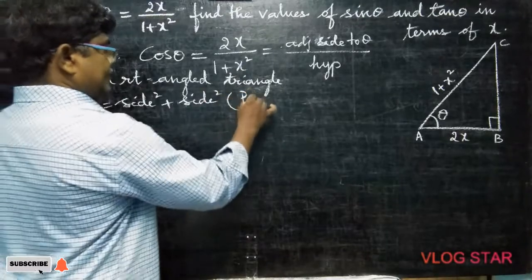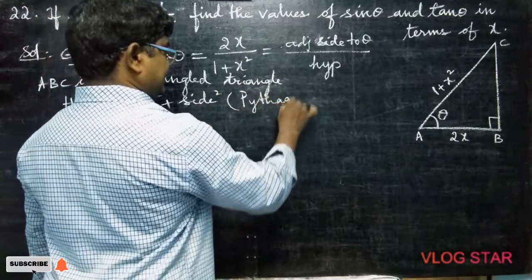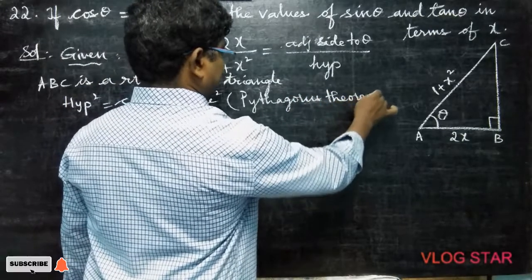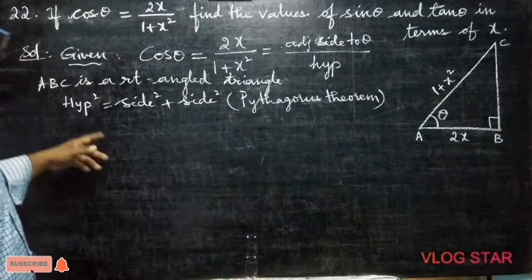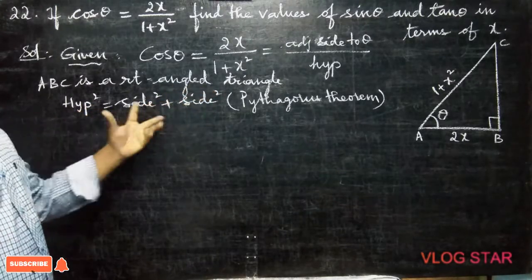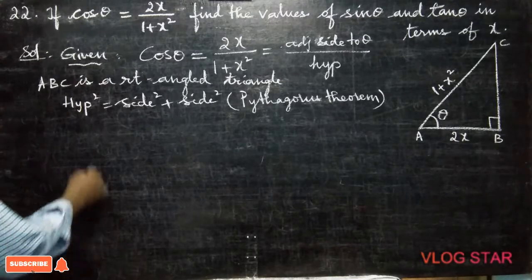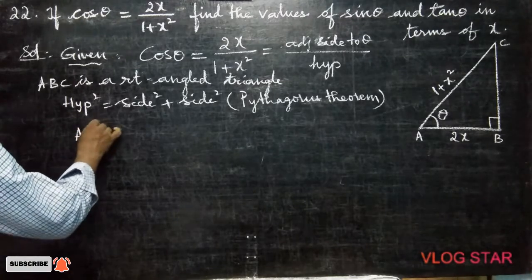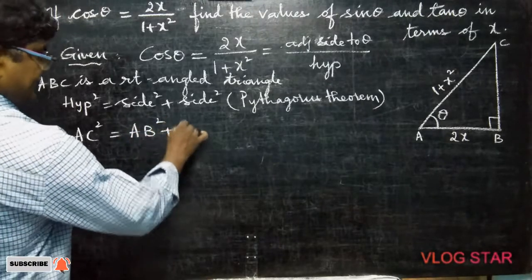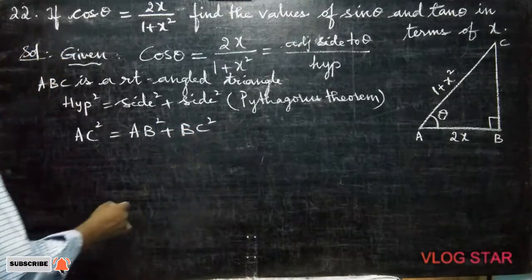Who told? Pythagoras theorem. This is the statement. Pythagoras theorem: in a right angle triangle, the square of the hypotenuse is equal to the sum of the squares of the other two sides. So AC square is equal to AB square plus BC square.